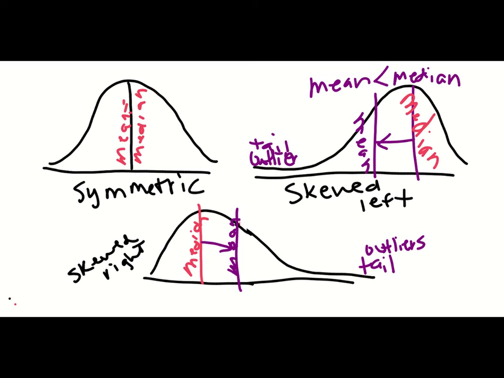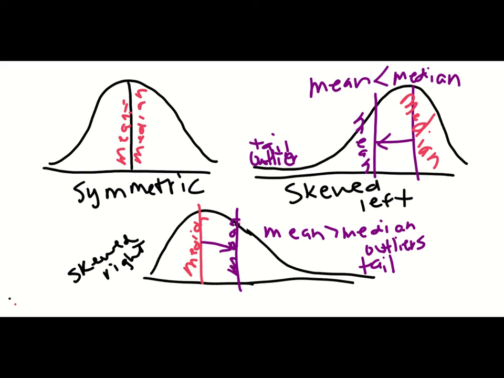So your mean is greater than your median. Your mean is going to be bigger because it's pulled up towards your outliers.